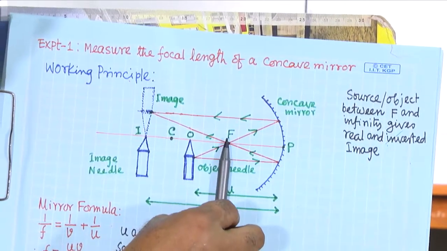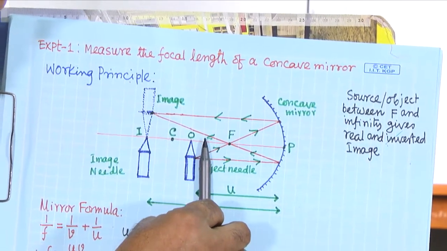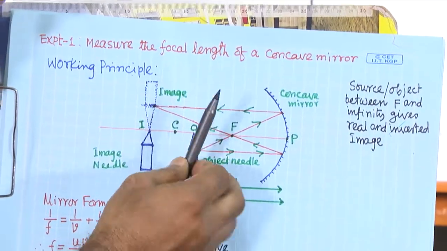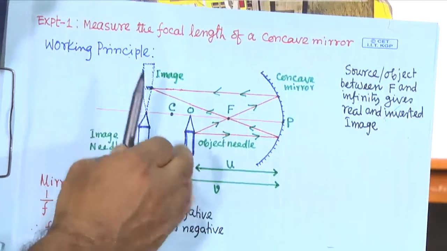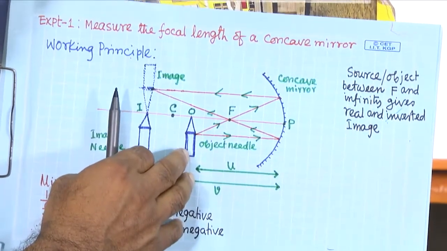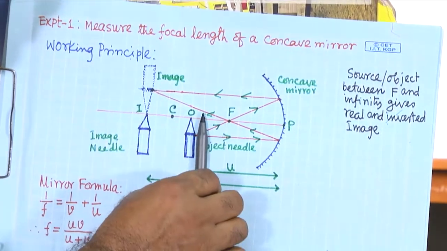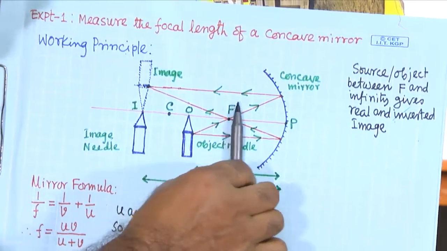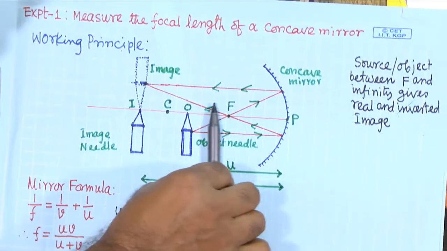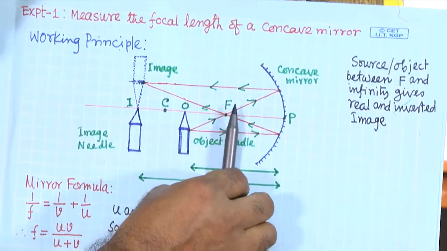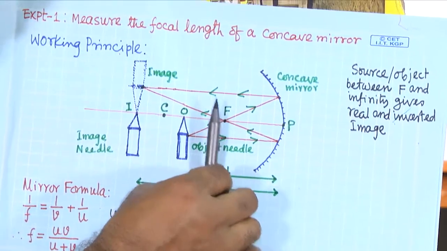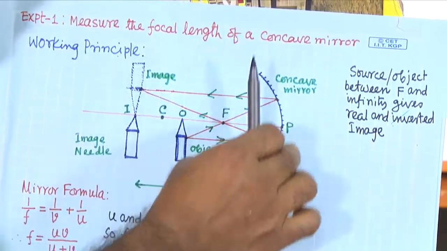Okay. And move further, then you will see this erect image converting towards the inverted image. Okay. So, approximately you can find out the focal point of this mirror.